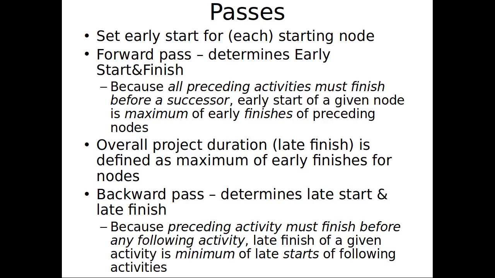Because if we go later than that for our late finish, we're going to be delaying those. If we have latest starts for each of those, we need to live by the most binding of those, the one that's the tightest, the one that is the earliest. So we take the minimum of all those late starts to determine our late finish for that in the backwards pass. Okay? Three ways in which backwards and forwards differ from each other.